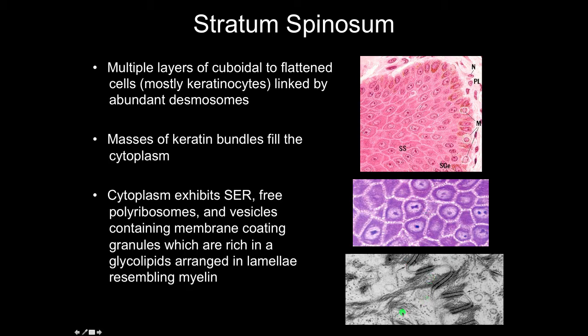Here you can see some of these intermediate filaments, and here you can see the desmosomes on this electron micrograph between the keratinocytes. The cytoplasm exhibits a smooth ER, free polyribosomes, and vesicles containing membrane coating granules, which are essentially glycolipids that are arranged in lamellae that resemble myelin. We'll talk about these a little bit later.